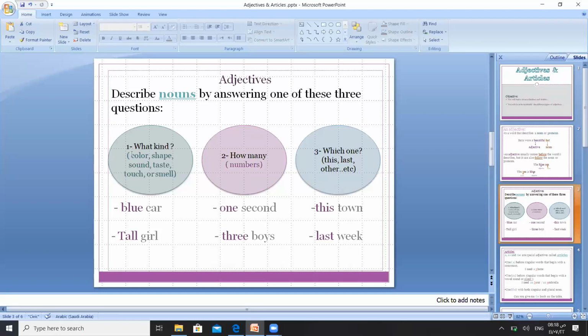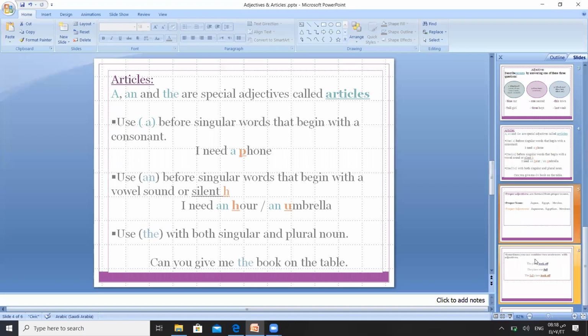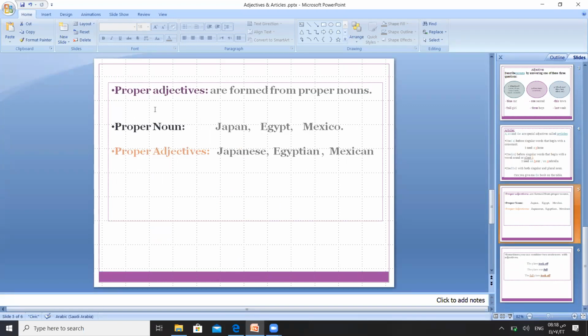Which one? Also, we studied articles, a and the. The last thing that we studied is the proper adjective. Proper adjectives are formed from proper nouns.